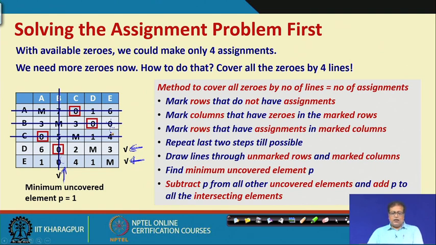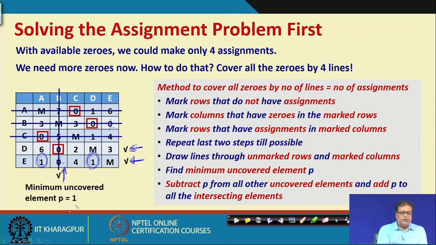Now, what? Now, you find the minimum uncovered element. Certain numbers are covered, certain numbers were doubly covered, the intersecting ones, and try to see what is that number which is the minimum and uncovered. So, you see this one and this one, they are the minimum uncovered element.